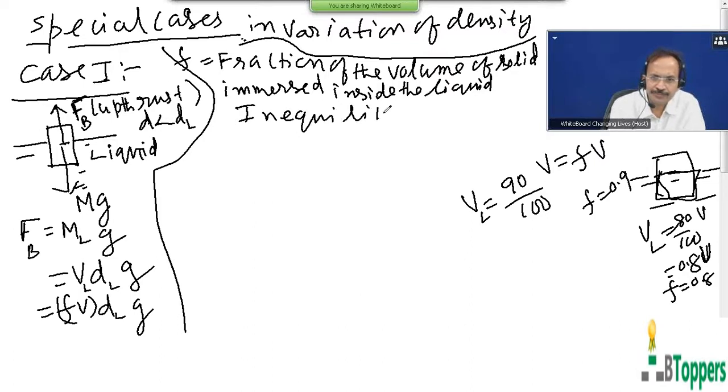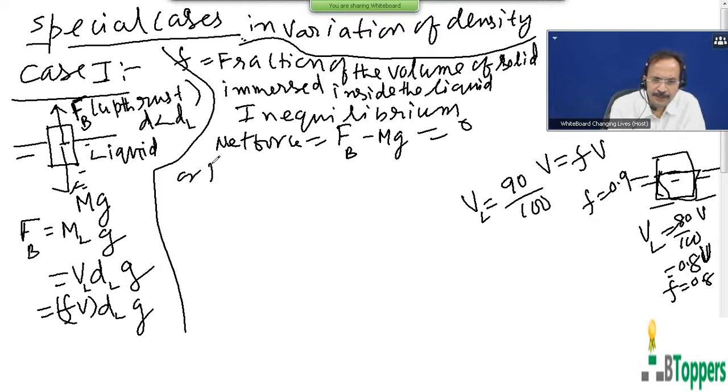inside the liquid, then the resultant force on the body is 0. So the net force on the body in the upward direction is equal to the magnitude of the force of buoyancy minus the weight of the floating body. That is 0. So the magnitude of the force of buoyancy equals the magnitude of the weight, mg.